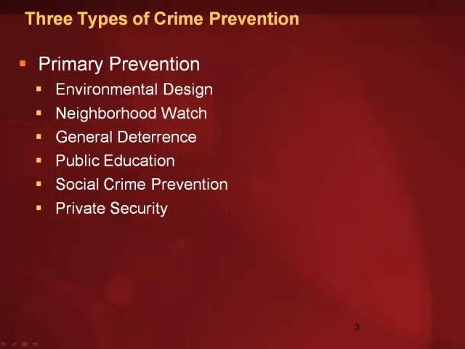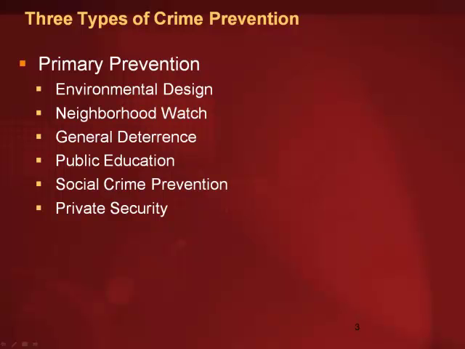Public education in terms of what is actually going on with respect to crime and crime prevention in a particular area. That's pretty important because in the absence of knowledge, people tend to fantasize or think what they think is accurate, and in talking with citizens in a law enforcement capacity, you frequently find two things. One, there's a misunderstanding between the two parties in terms of what's going on and what the other is doing about it.